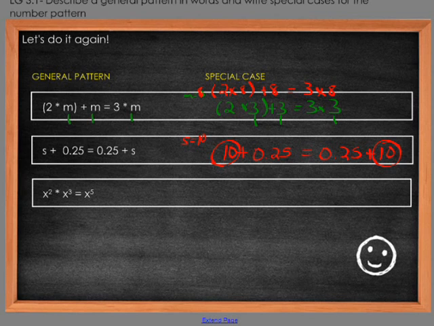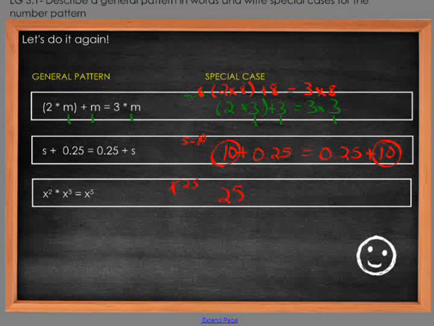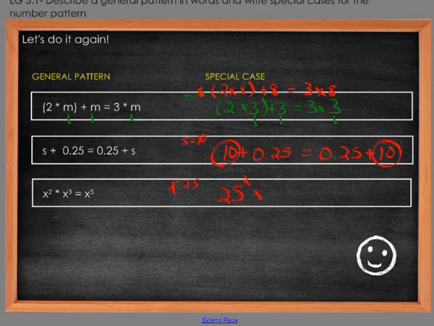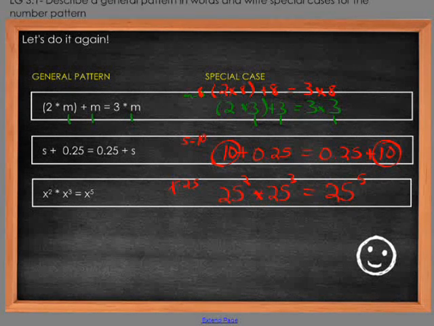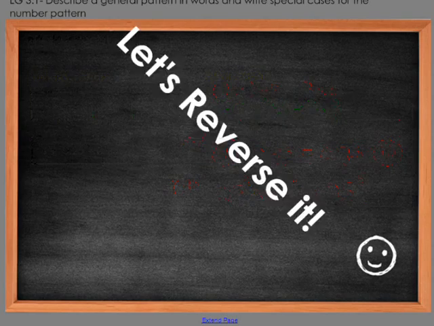And this bottom one, I'm going to say x equals 25. So I would have 25 squared times 25 cubed equals 25 to the 5th power. And you, once again, whatever you chose for x would be in there. So there's an example of taking a general pattern and changing it into a special case.